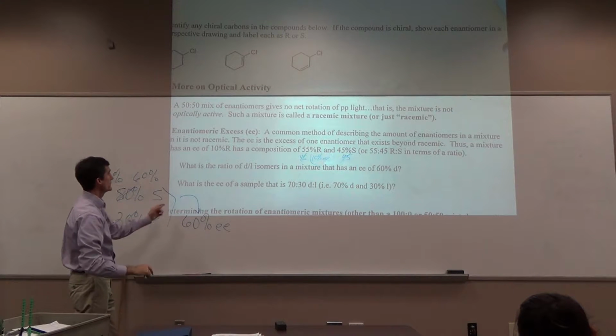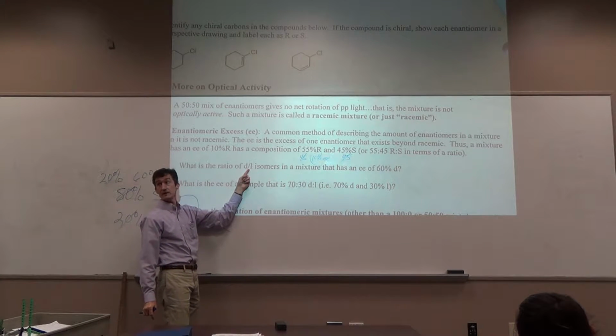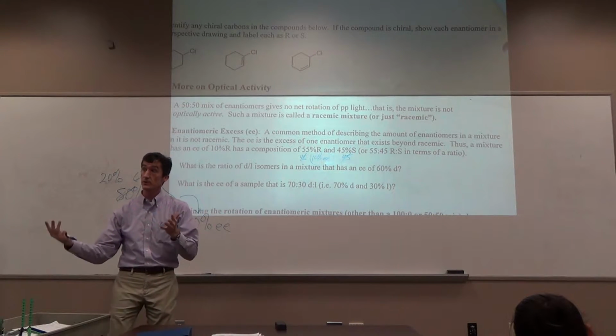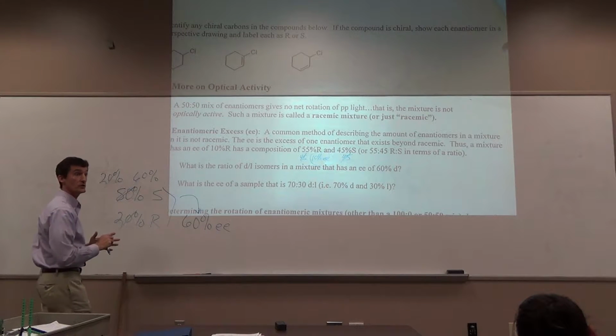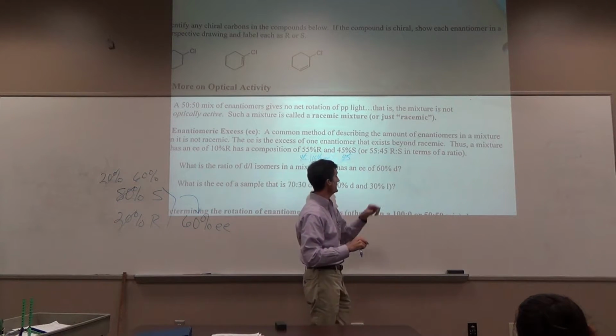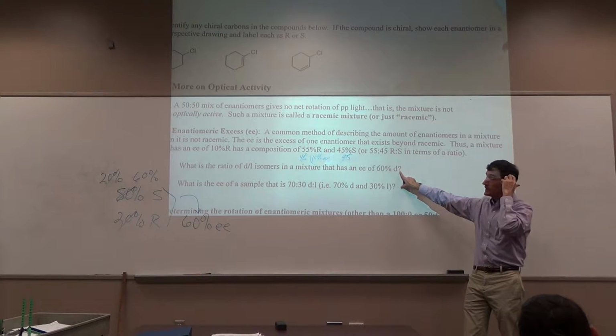Let's see what's next up here. What is the ratio of D to L? Instead of calling it R to S, I'm calling it D to L. But when you have enantiomers, isn't one D and one L in terms of how they rotate light? So we can use that terminology. What's the ratio in a mixture that has an EE of 60% D? Think about it for a minute.